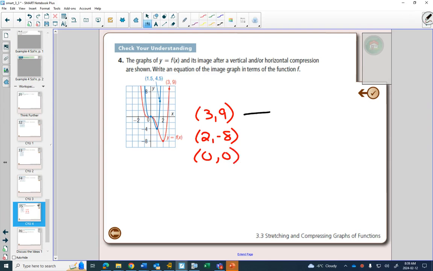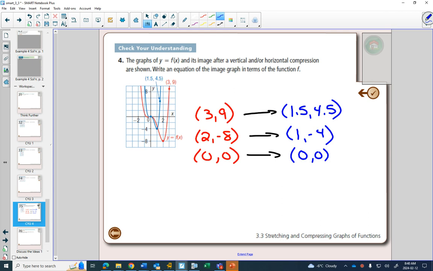And we know that something's going to happen to these points, and they change, and the one changes to 1.5, 4.5, another one to 1, -4, and 0, 0 stays at 0, 0. And we have to think, what could we put above that black arrow to describe what's happened?